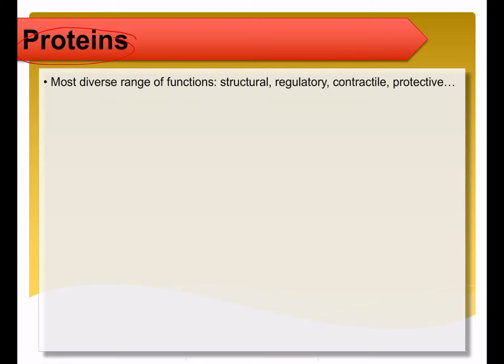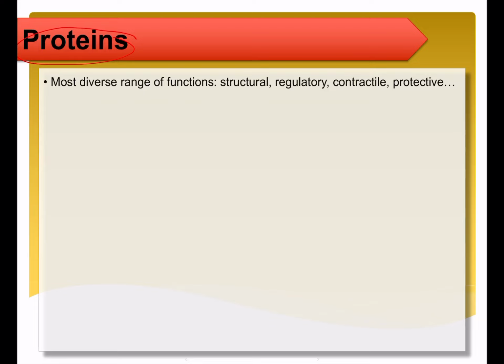For contractile purposes, which is movement per se, those proteins are specifically myosin and actin in our muscle tissues that allow us to move. Okay, if we don't have those proteins, we can't move. For protective purposes, we have antibodies that are manufactured by our immune system to keep us healthy and fight off infections, and we'll talk a little bit about that, a quick glimpse, when we get to the plasma membrane.